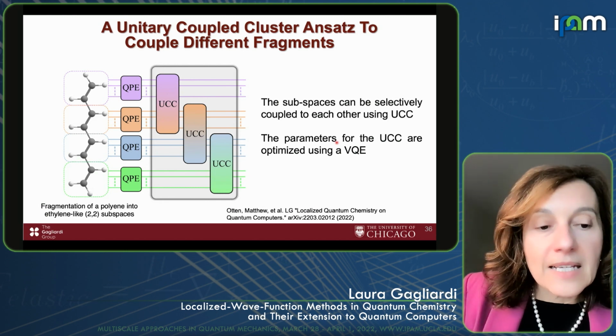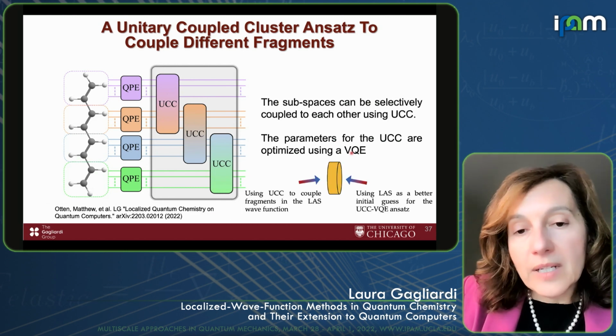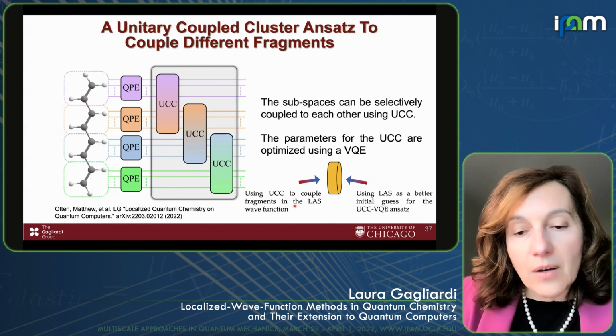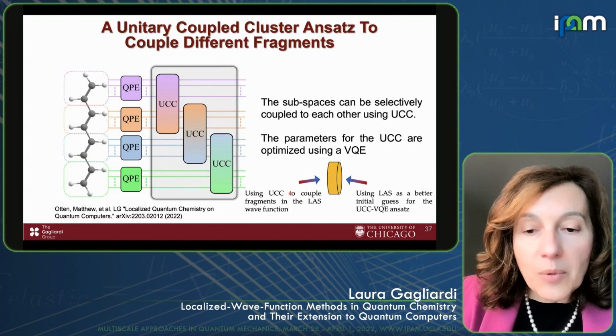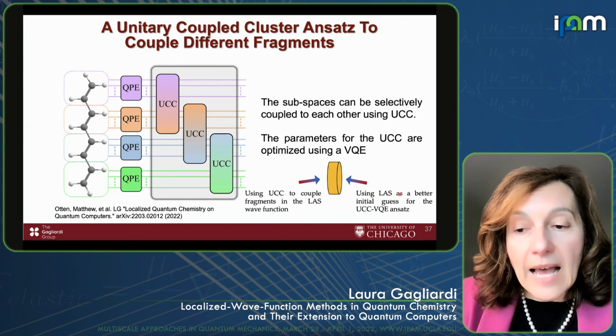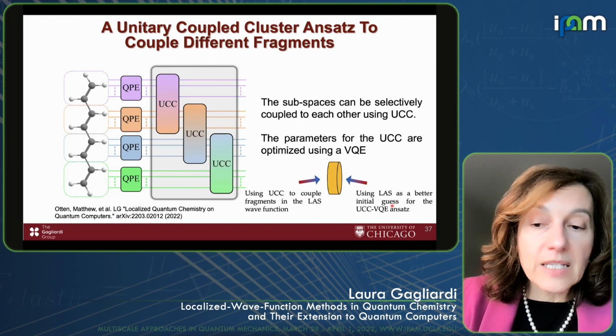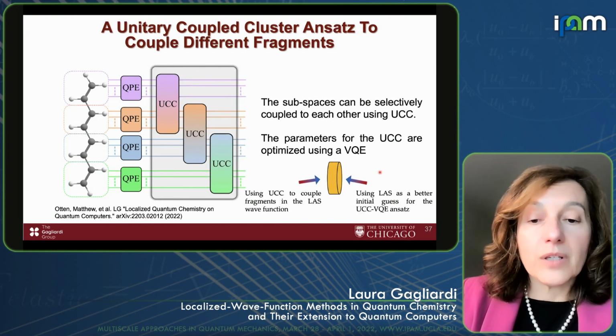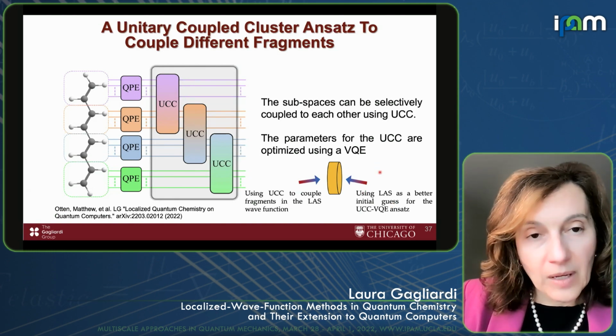Let's see an example of this approach. Here the beauty is that one uses unitary coupled cluster to couple the fragments that are in the LAS wave function, but also uses the LAS as a better initial guess for the UCC VQE ansatz.